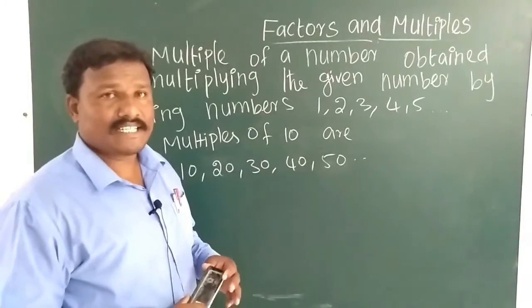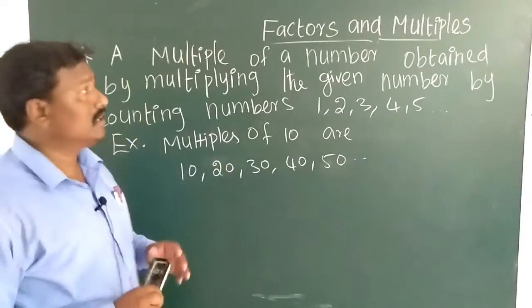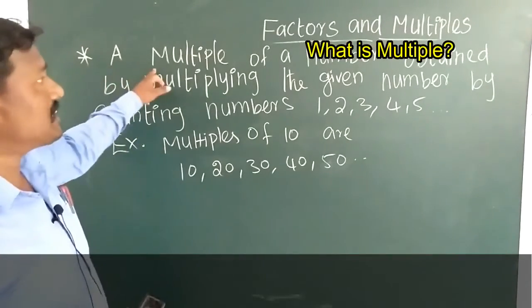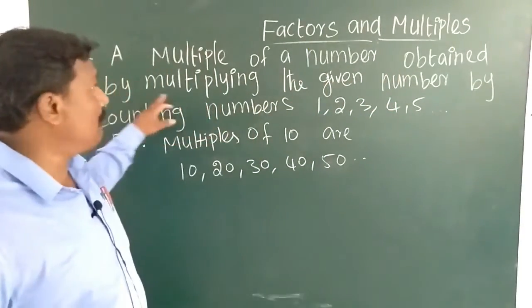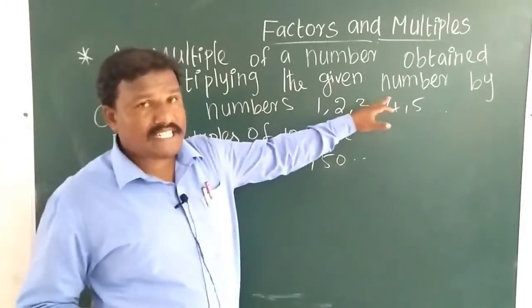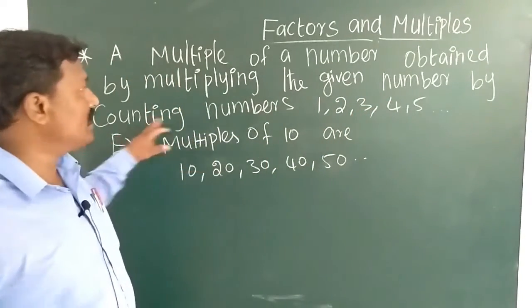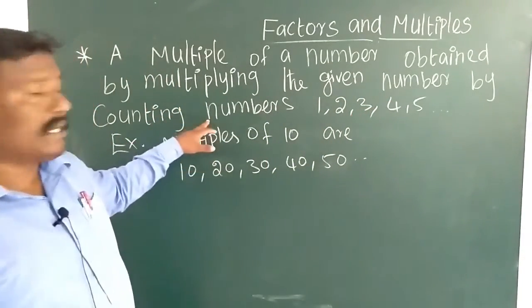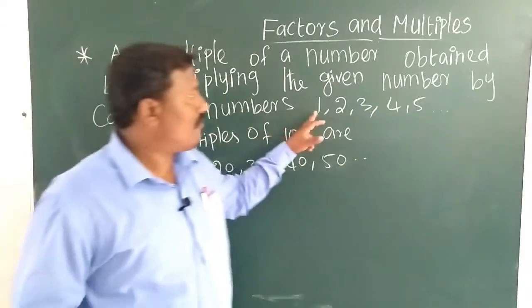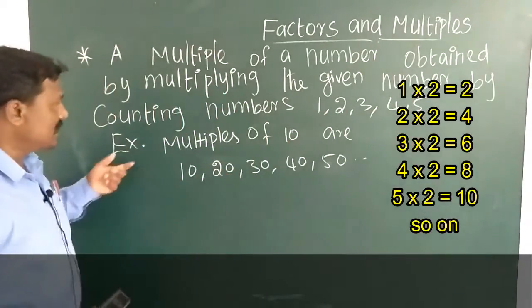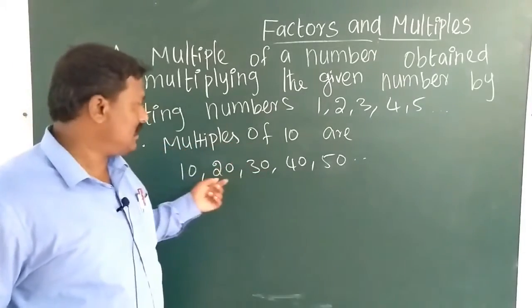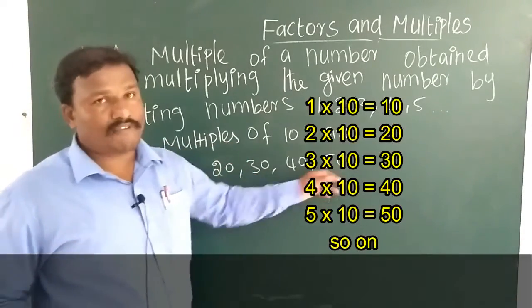Let me discuss the definition of multiple. A multiple of a number is obtained by multiplying the given number by the counting numbers 1, 2, 3, 4, 5 and so on. Multiples of 10 are 10, 20, 30, 40, 50.